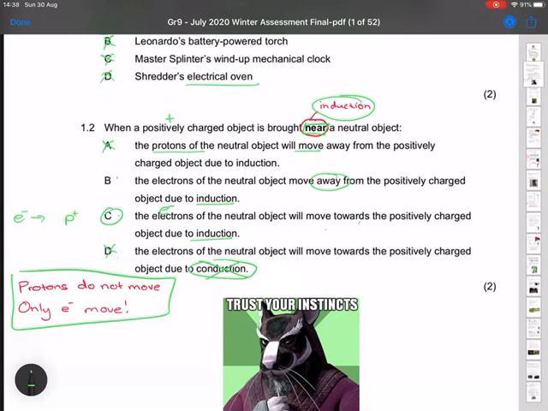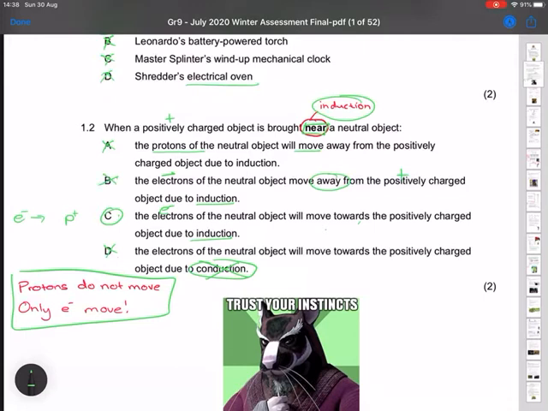Over here, for answer B, the electrons of the neutral object move away from the positively charged object. No. If you had two negatively charged objects, then you could have electrons moving away from each other. Electrons are negatively charged, protons are positively charged. The electrons would move towards the protons, not away. So answer B is wrong as well.